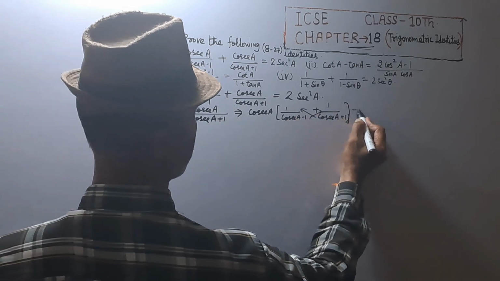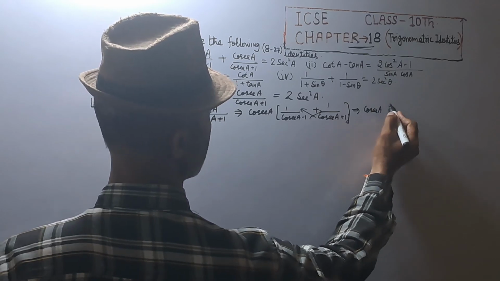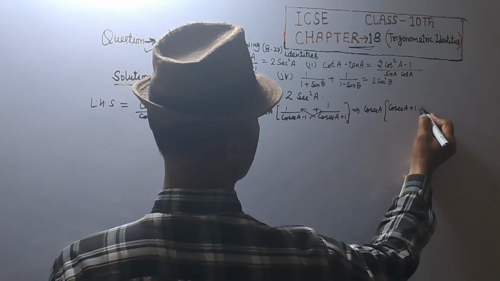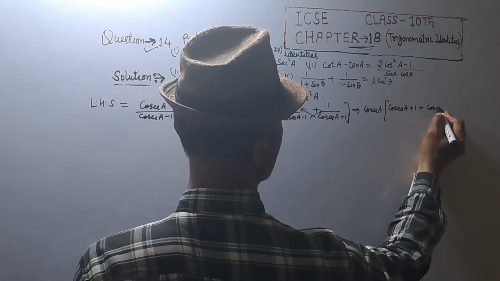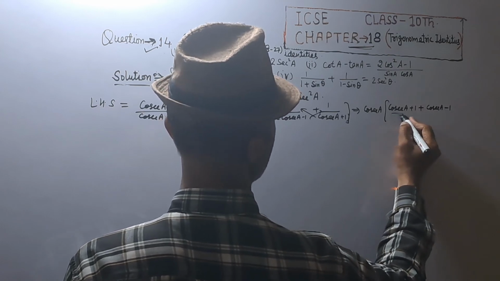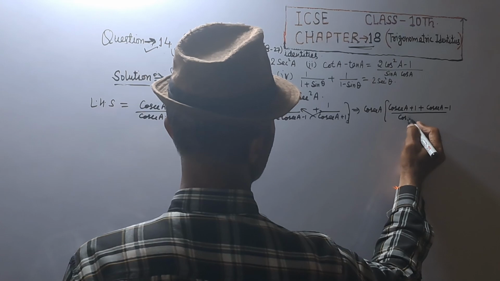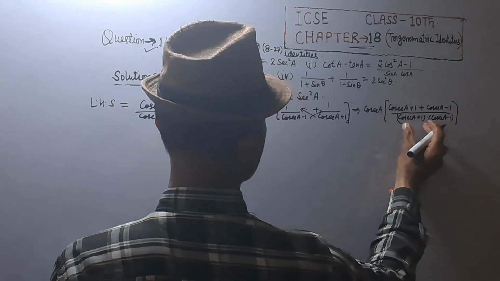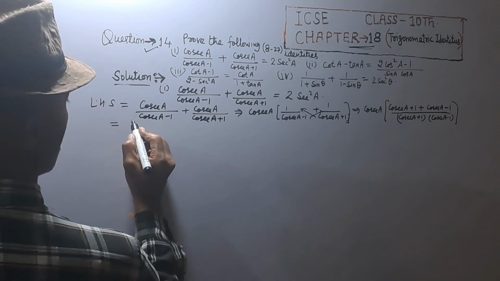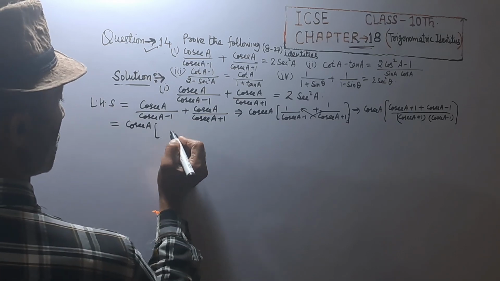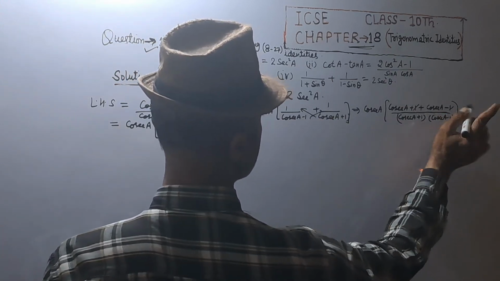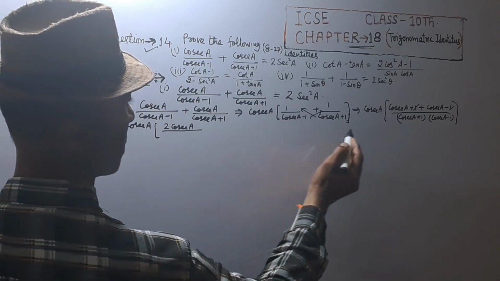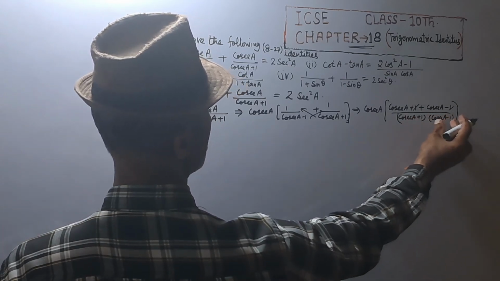Cross multiplying and taking the LCM, which implies cosecant A plus 1 plus cosecant A minus 1 divided by cosecant A plus 1 into cosecant A minus 1, that is A plus B into A minus B. This is equal to cosecant A into, plus 1 minus 1 is cancelled, 2 cosecant A upon cosecant A plus 1 into cosecant A minus 1.